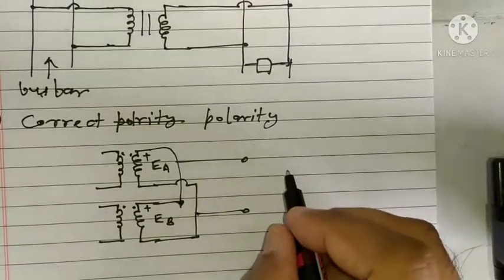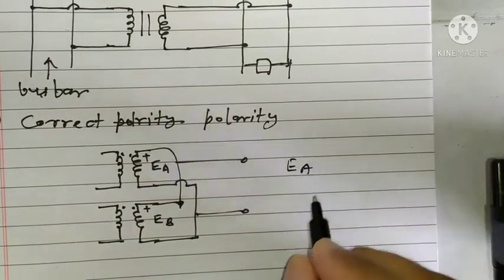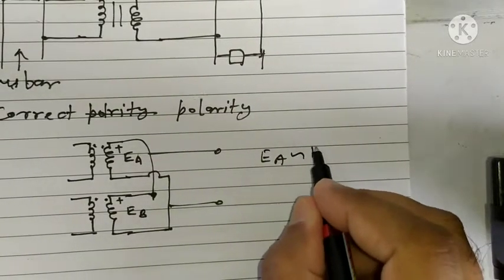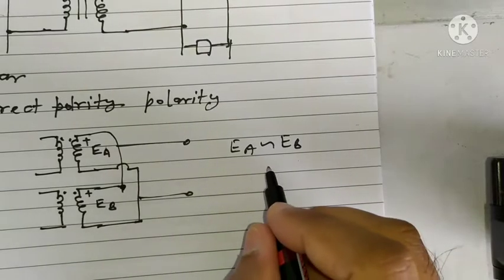So the voltage in the loop will be EA difference EB. That is subtractive polarity.